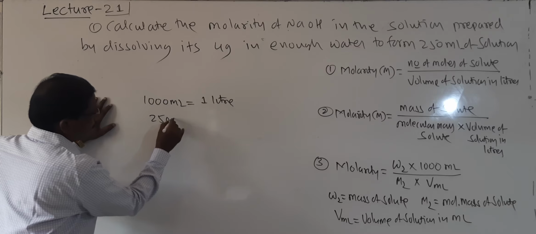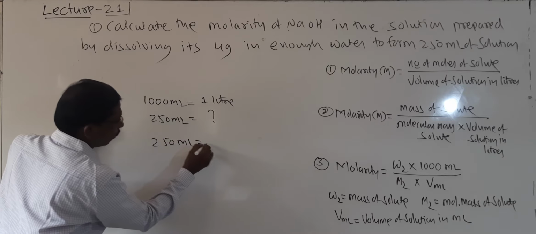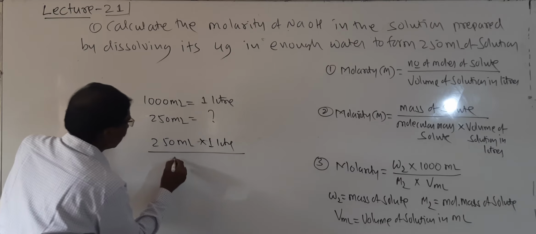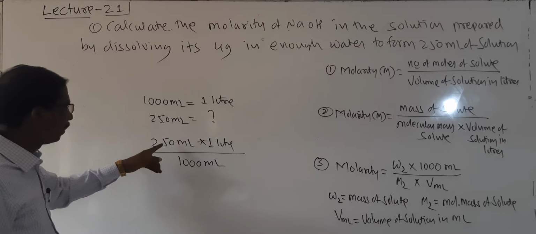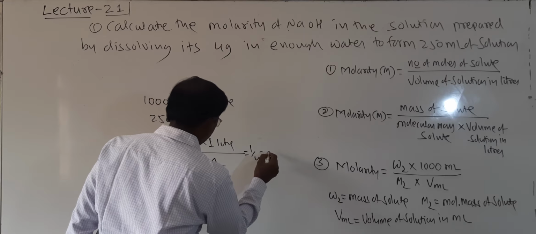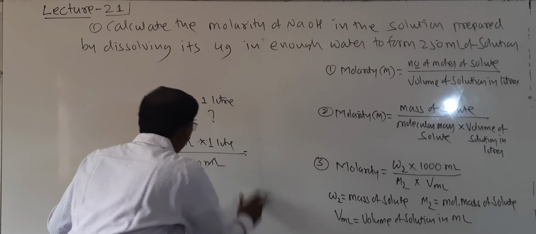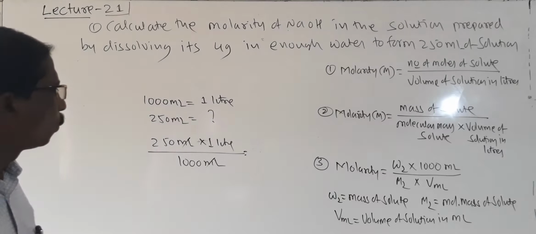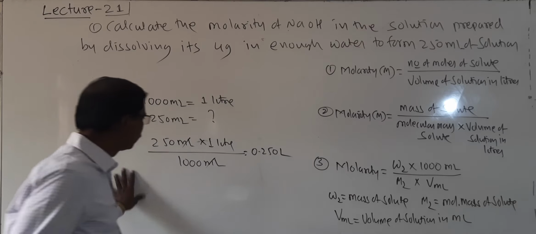Then 250 ml is equal to 250 ml into 1 liter divided by 1000 ml. The ml cancels, and 250 over 1000 is 1 upon 4, which is 0.250 liter.